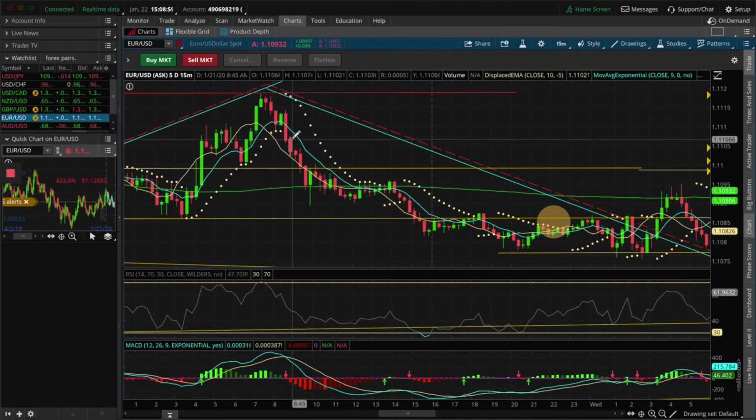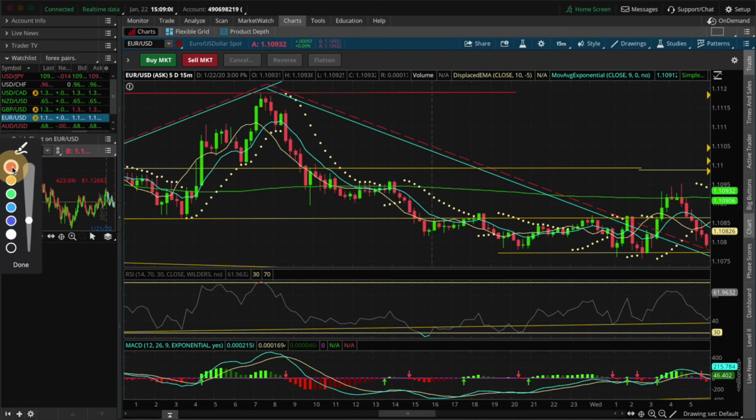So like this one, you could have got in right here once it was fully below that EMA line. So you could have gotten in on this candlestick. Again, I prefer to, I would have gotten in right here just because I want to be totally sure that it's going down and that we're not going to have another reversal popping up.